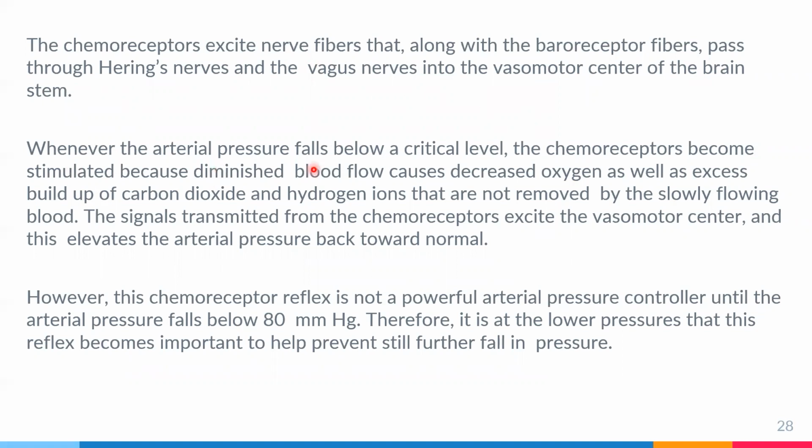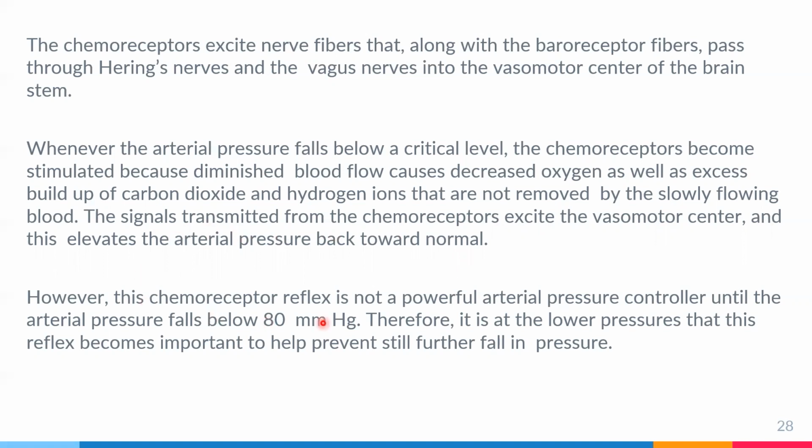Whenever the arterial pressure falls below a critical level, the chemoreceptors become stimulated because diminished blood flow causes decreased oxygen as well as excess buildup of carbon dioxide and hydrogen ions that are not removed by the slowly moving blood. The signals transmitted from the chemoreceptors excite the vasomotor center, and this elevates the arterial pressure back towards normal.